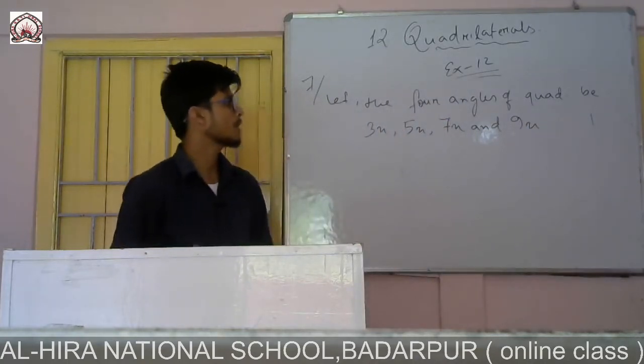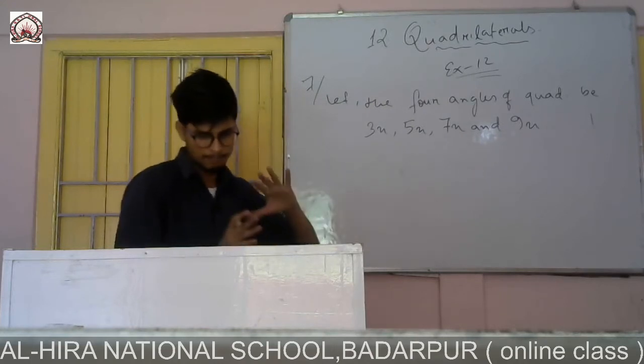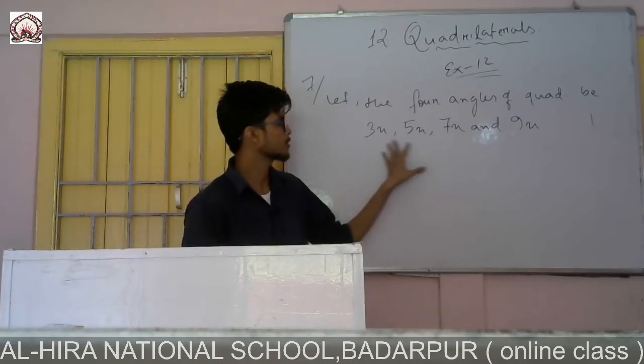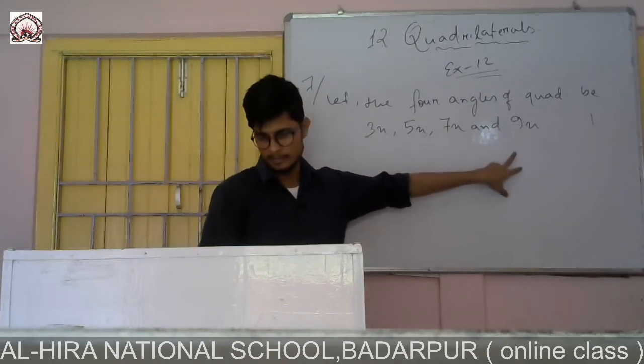So let the four angles of the quadrilateral be 3x, 5x, 7x and 9x. Simply we will convert this ratio by putting this x, so it will be 3x, 5x, 7x and 9x.